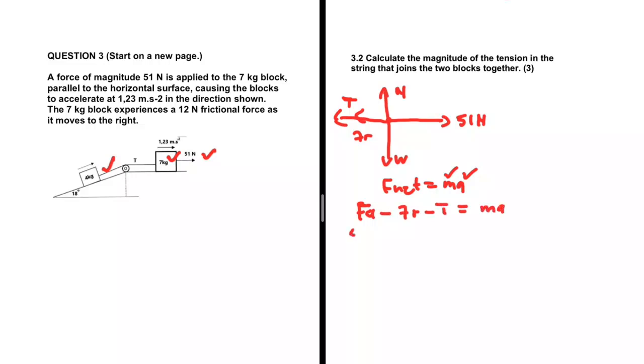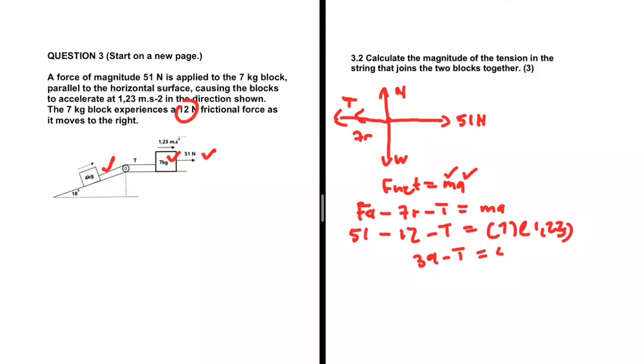Force applied is 51 newtons. The frictional force is said to be 12 newtons. There it is. So 51 minus 12 minus tension equals the mass, 7 kg, multiplied by the acceleration, 1.23. So 51 minus 12, that is 39. So we have 39 minus the tension equals 7 multiplied by 1.23.